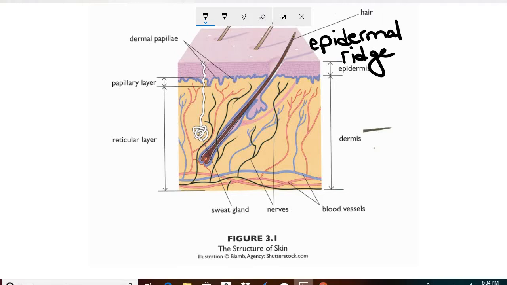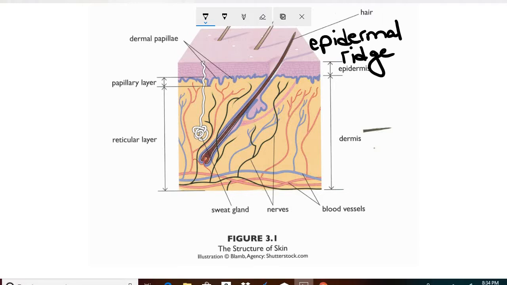So that's what allows us to grasp things with our fingers and they don't slip away. These bumps or ridges actually are in the dermis, but they show up through the epidermis. And then they have the other useful function. Besides creating friction, they can be used for identification because they are unique to each individual.